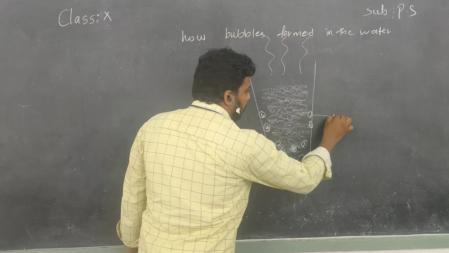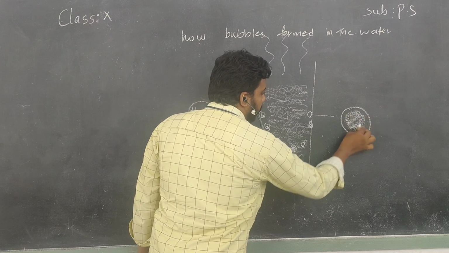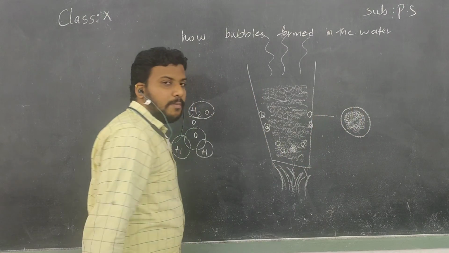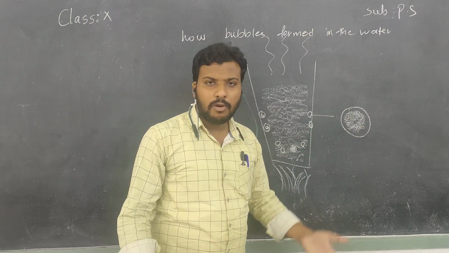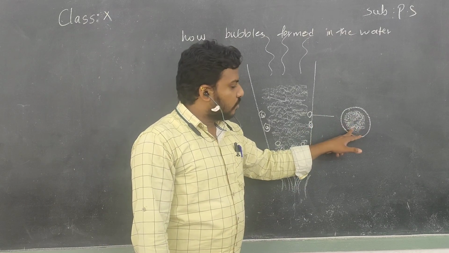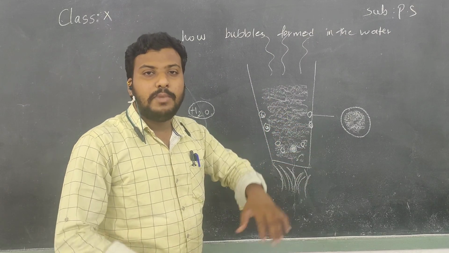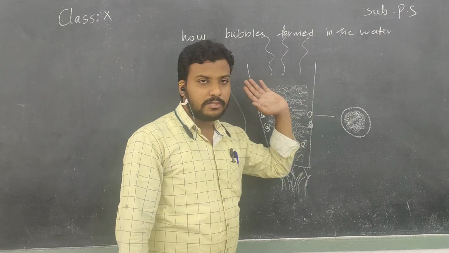Means right now this bubble is filled with vapors. Vapor is nothing but the water molecule. Understand? Water in the gaseous form is called vapor. So all the bubbles in the water are filled with vapors.